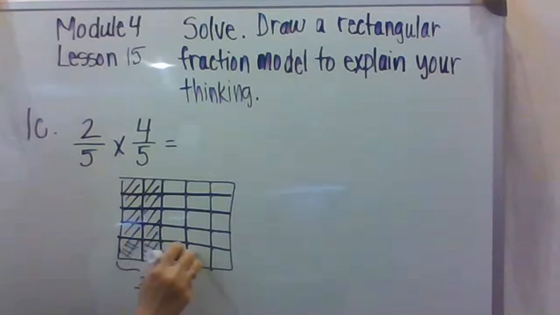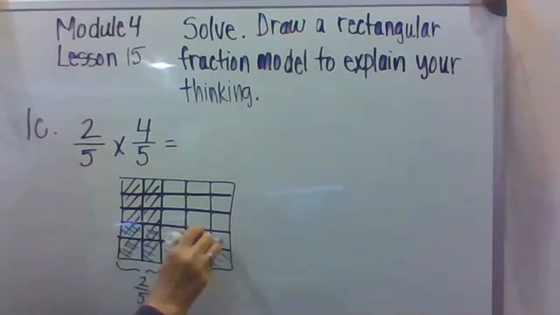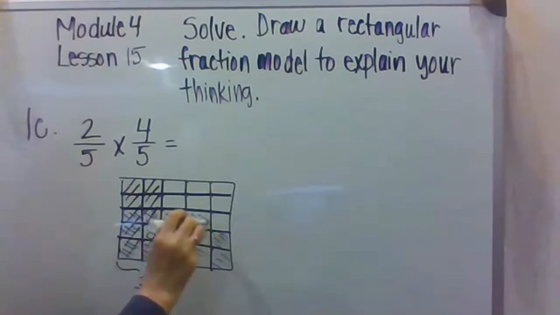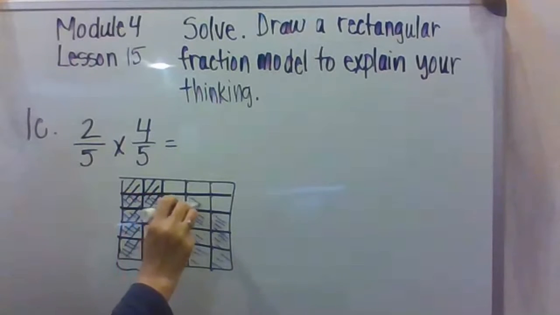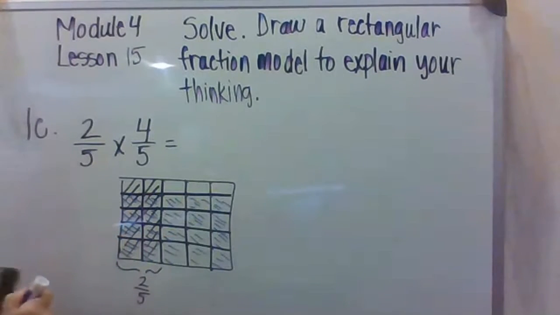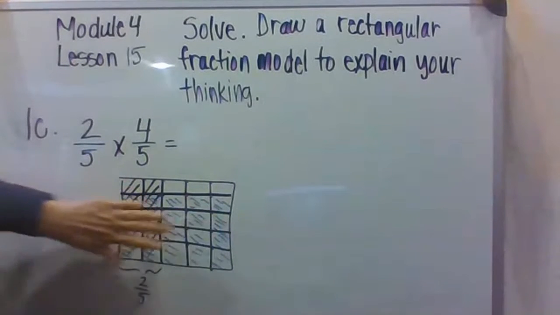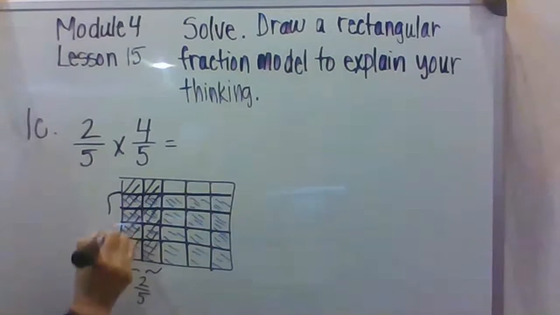So 1, 2, 3, 4. Okay, so here was my 2/5 right here. Now here's my 4/5 going here. So now I'm going to look and say this was my 4/5.